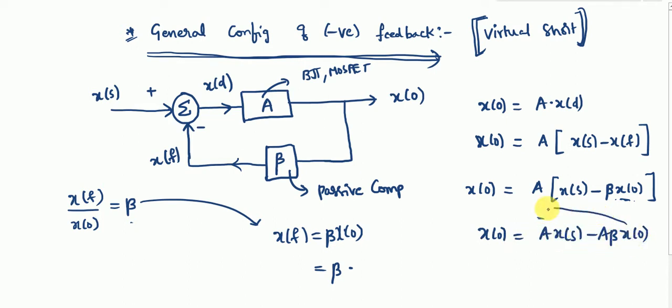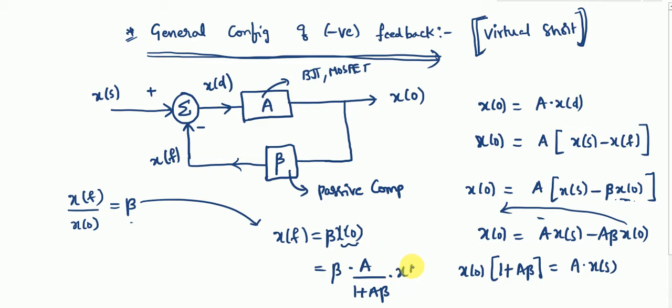You bring this X of naught to the left hand side. I can take X of naught common, that is 1 plus A beta, which is equal to A into X of S. Now instead of X of naught I can write A by 1 plus A beta into X of S. So we can write the equation in the following way.